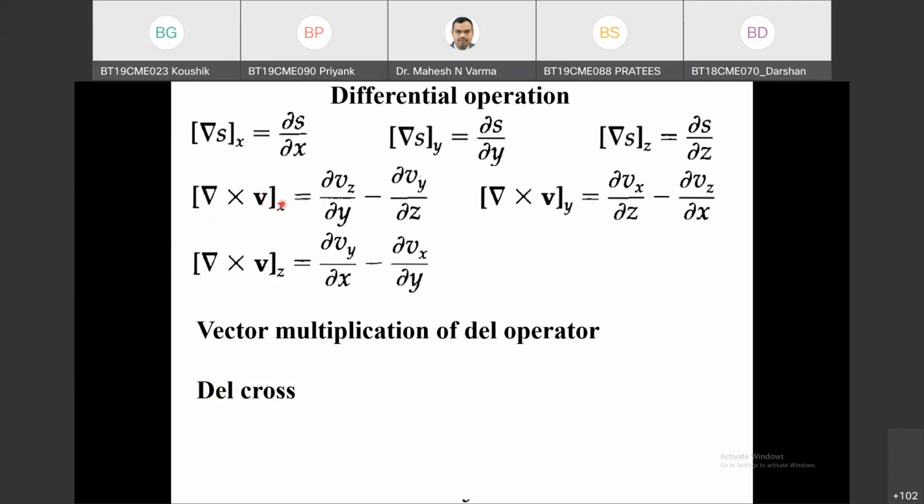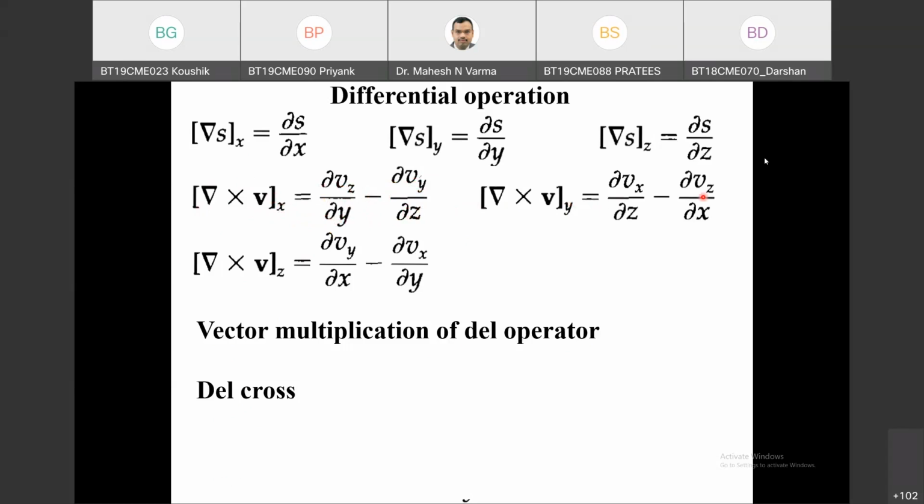So if we say this is del cross v with respect to x, you remember this cycle: this is x, y, z, and this is the reverse of y and z. So del cross v with respect to x will be equal to del by del y of vz minus del by del z of vy.